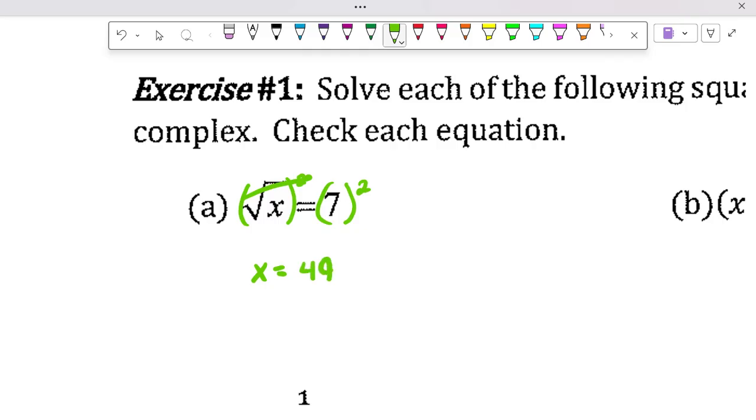Now, we don't have to put plus or minus because we only have to put plus or minus when we're going from square to square root. So we're taking the square root of a square. All right. But if you're squaring a square root, you don't have to because they already said that this 7 is going to be positive. So in other words, if I plug the 49 back in for x, they're saying I'm getting the positive version of that. So this will be my answer.